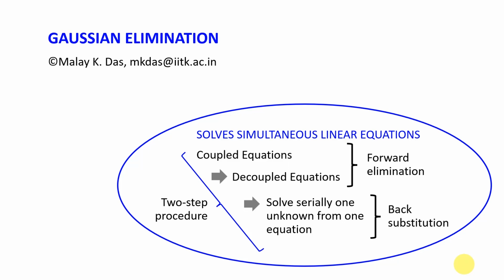In high school, you must have studied Cramer's rule for solution of linear equations. Now, Cramer's rule is very nice until you have a large number of equations. Up to the 3 equations, 3 unknowns case, Cramer's rule is absolutely fine.